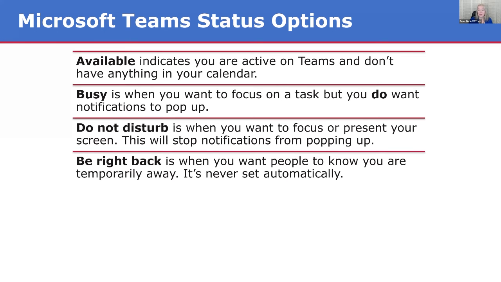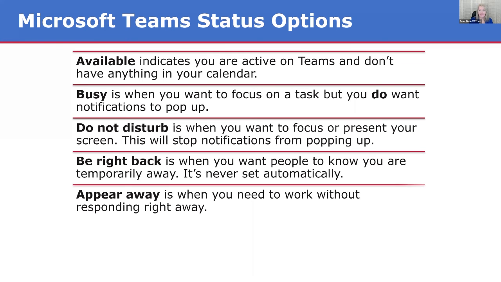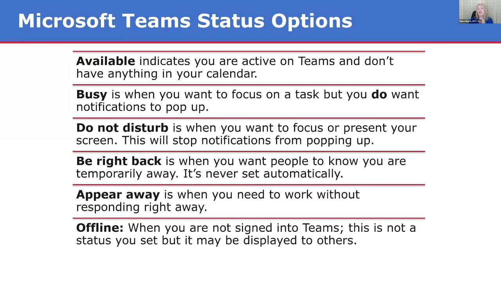Be right back, or BRB. This is when you want people to know you're going to be temporarily away. So it's something you have to set. Appear away is that, really, I'm not active right now, and you aren't going to be responding right away. And offline, typically this is something that shows up when you're not signed into Teams, or it's not a status that's set, but it might be displayed to other people.